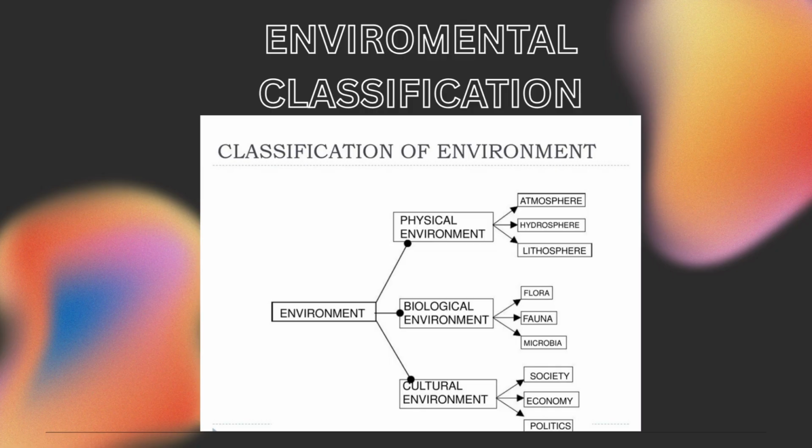First, the physical environment refers to all non-living abiotic components of nature. It is further divided into three major systems: the atmosphere, which includes the layers of gases surrounding the Earth and is essential for climate, weather, and breathing air.